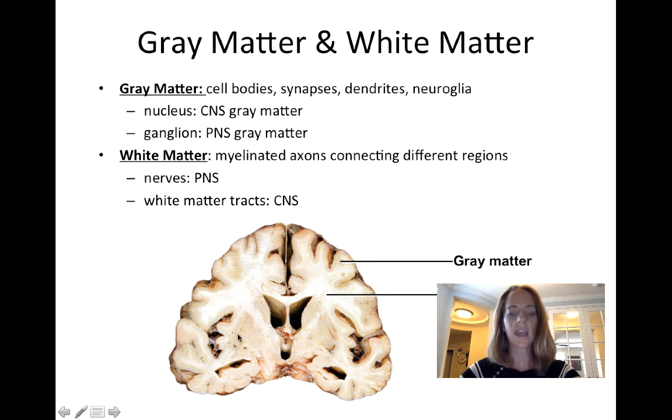So if you take a frontal section of the brain, you will see regions of gray matter that appear to be darker, sometimes pinkish, sometimes grayish in color, and regions of white matter that are myelinated axons, sometimes crossing over to different regions of the brain and connecting different regions of the brain.